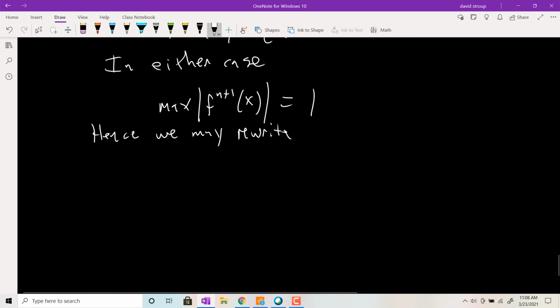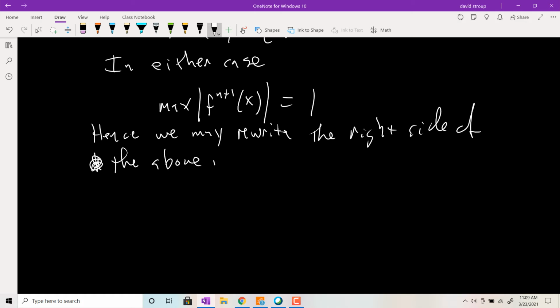We may rewrite the right side of the above inequality as follows.